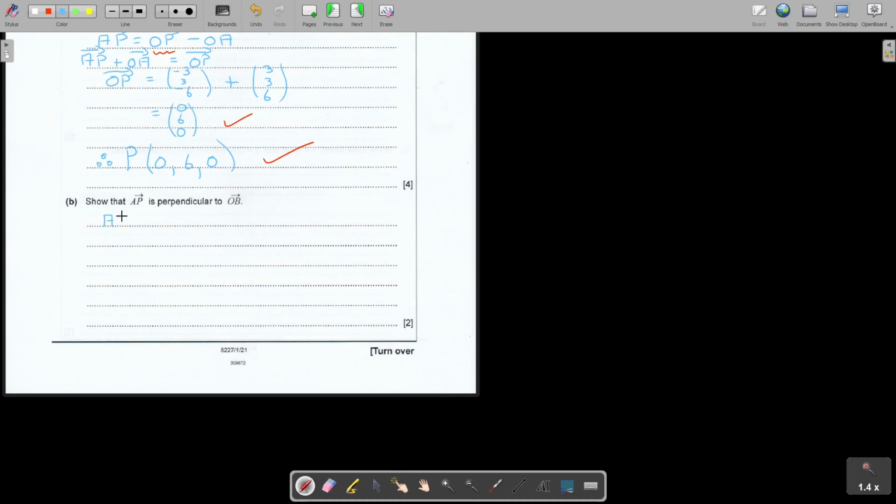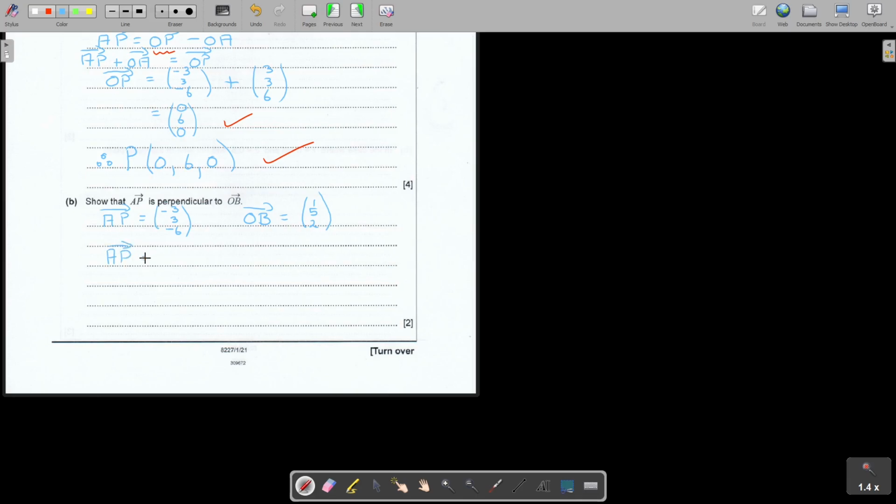So let's write down the vector AP, and that will be -3, 3 and -6. I'm just taking it from the top. And OB will be 1, 5, 2. Now I'm going to find the scalar product between those two.